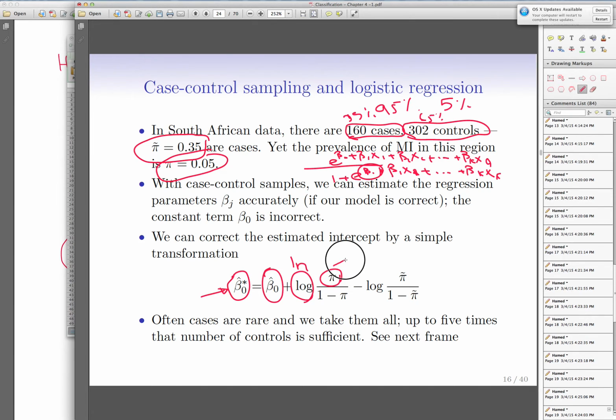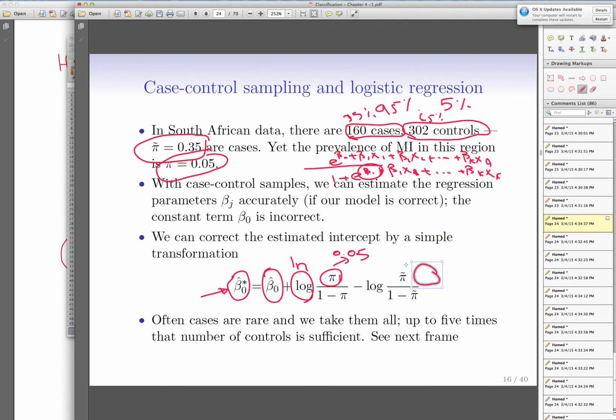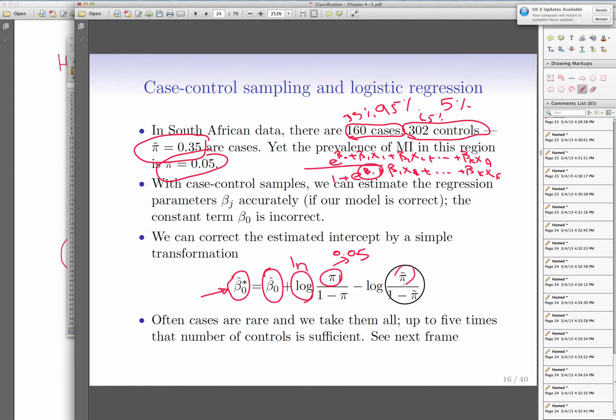In this case pi was 5%, and pi tilde is the proportion you used. The proportion we used in this case was 0.35.